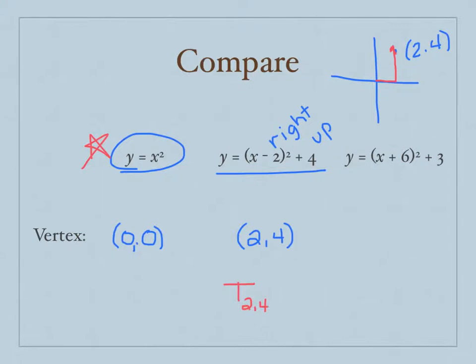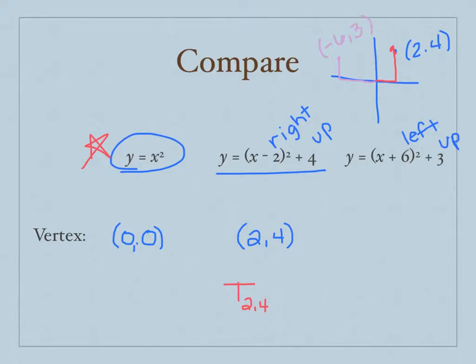So when I write it like this, I'm telling you to make the vertex of your parabola be at those numbers. Okay, so then this one here, y equals (x plus 6) squared plus 3, a plus 6 would move you to the left. And again, this is all from observations that we made in our activity yesterday. And then this plus 3 would move you up. So if I was on the coordinate plane and I moved to the left 6 and up 3, the coordinates there would be (-6, 3).